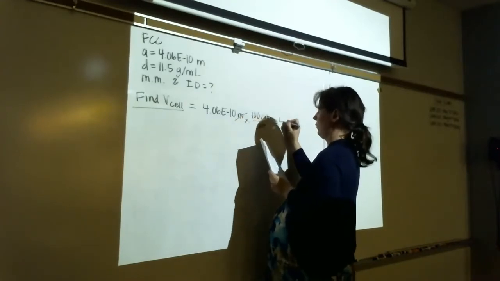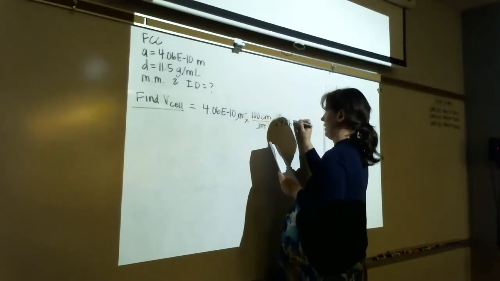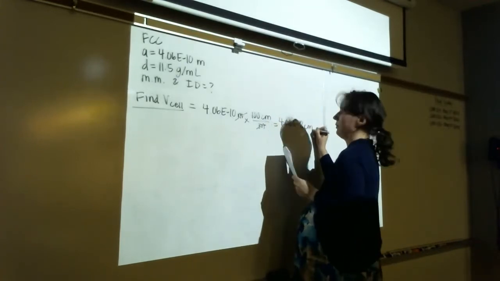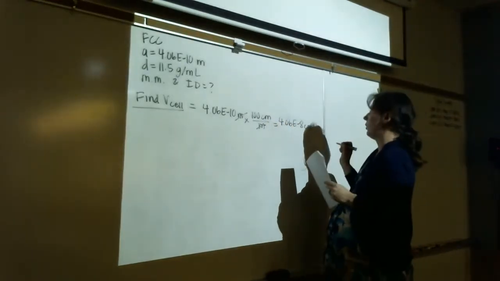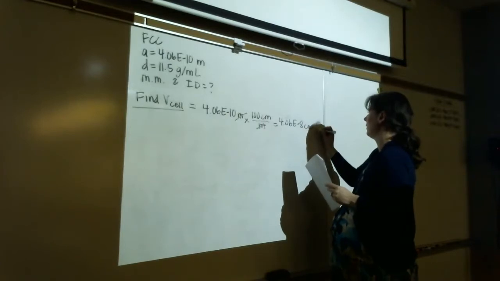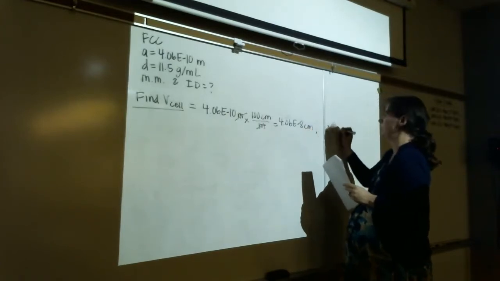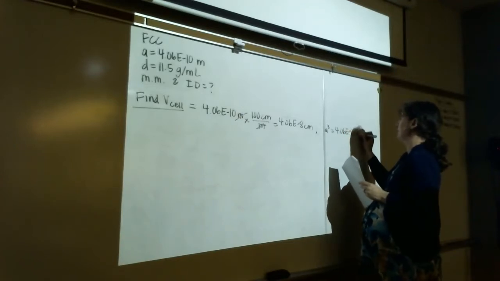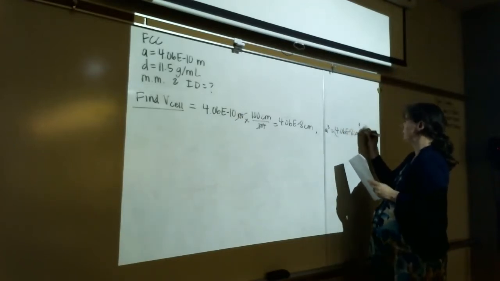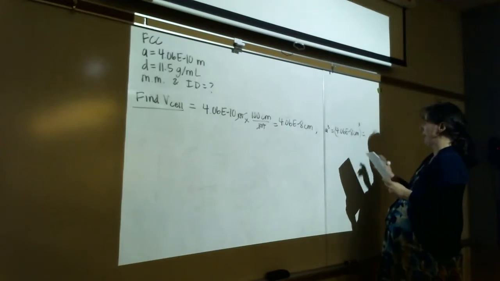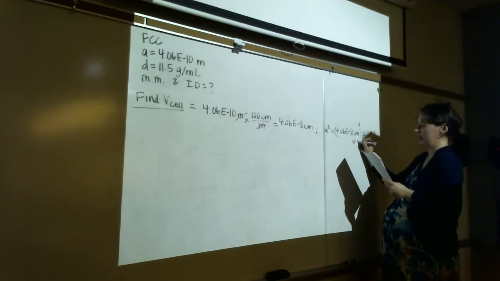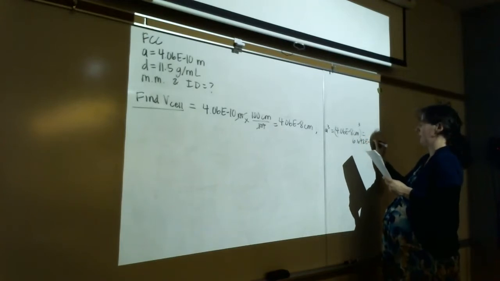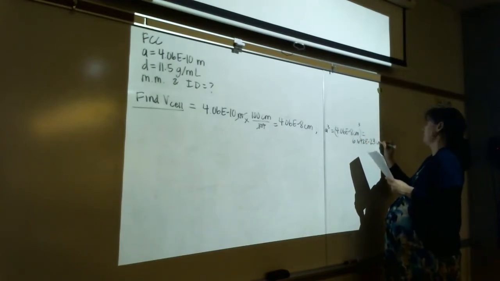And so that's 4.06 times 10 to the negative 8 centimeters. And so that means a cubed would be 4.06 times 10 to the negative 8 centimeters cubed. So when I cube that, I get 6.692 times 10 to the negative 23rd centimeters cubed.